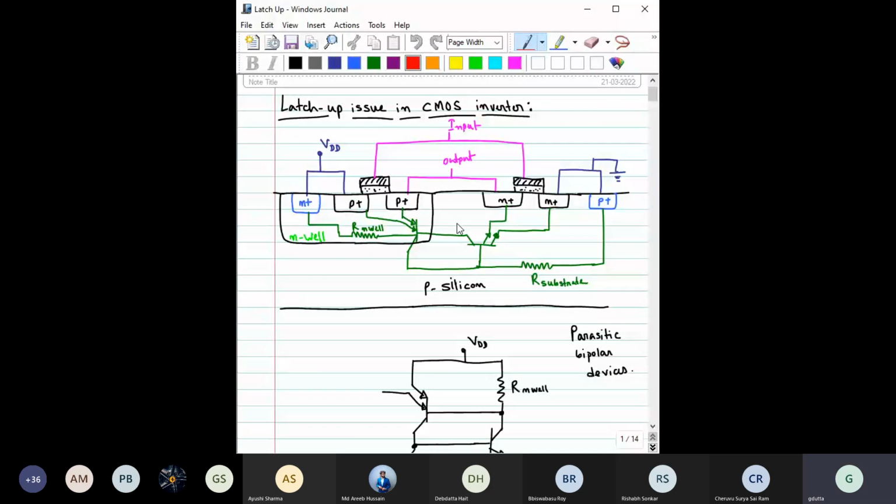Here you can see this is the diagram that I have already drawn. This is the diagram of a CMOS inverter, right? This is NMOS, right? You can see this gate, oxide, P plus, P plus, this is N well.